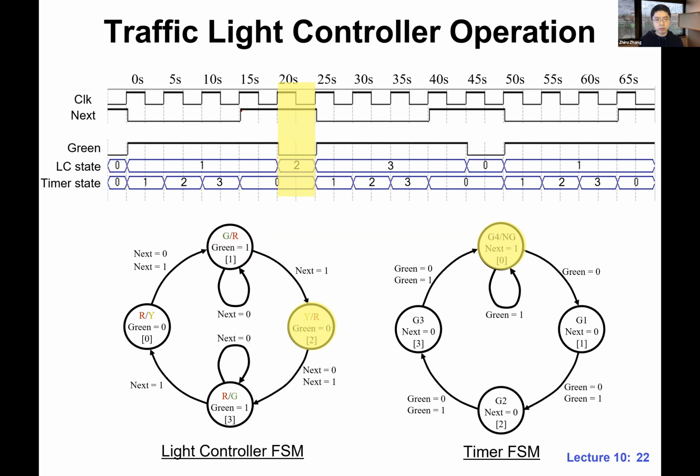And the timer will stay for one more clock cycle and wait for the yellow light. And it will continue. All right, so this is the traffic light controller. Any questions?